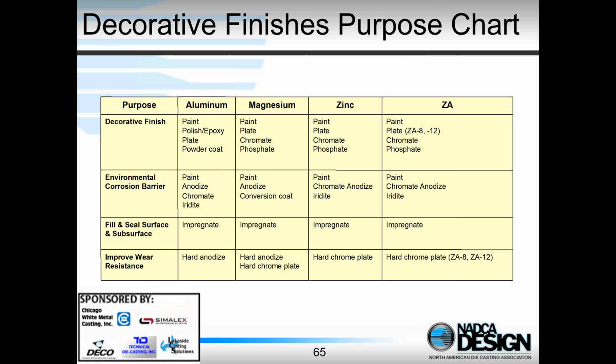And the reason for this is that nearly all aluminum castings, die castings, and other casting processes are cast from aluminum silicon alloys, and we get a mixture of aluminum and silicon in the microstructure. The aluminum anodizes well, the silicon doesn't, and that's what gives us this blotchy finish. So generally, we don't do anodizing for decorative finish on aluminum die castings.